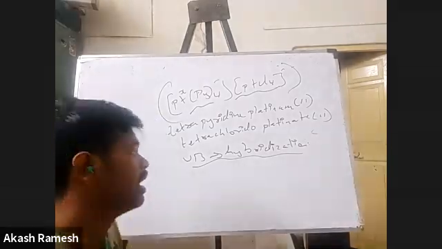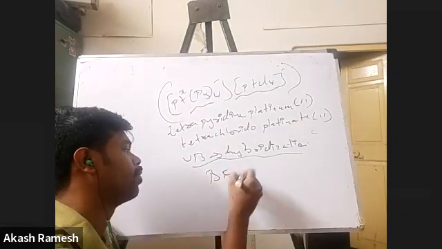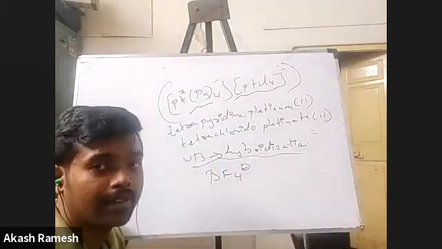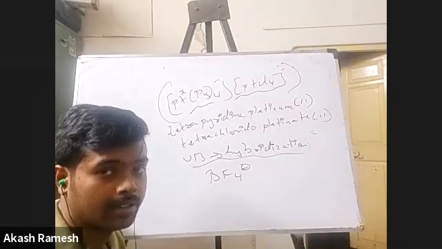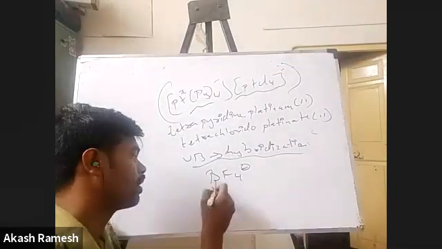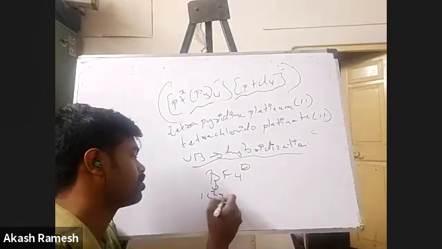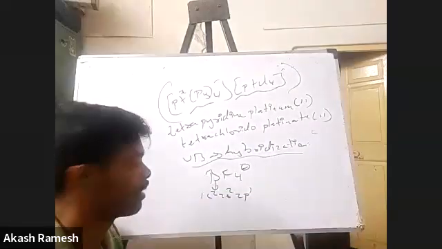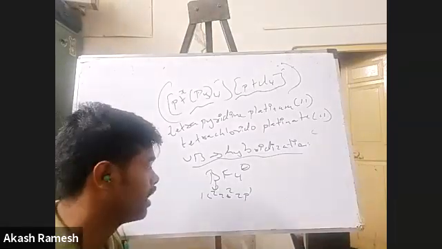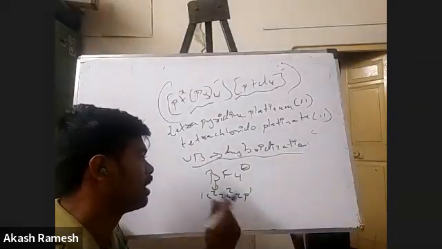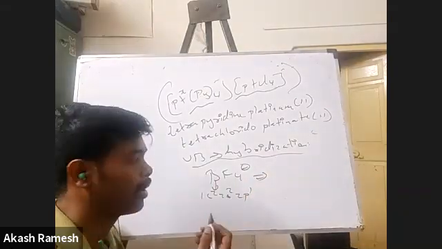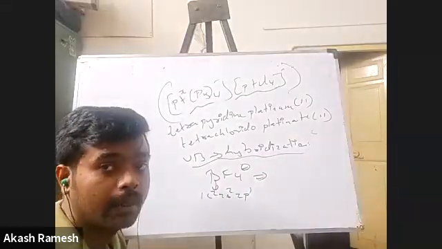For example, if I have taken BF4 minus, now I know boron is going to have 1s2, 2s2, 2p1. Am I right? Yeah, 5 as the atomic number, right? Now, if I look at the valence shell, first of all, let me calculate the hybridization here. Now we know how to calculate the hybridization with the help of steric numbers.